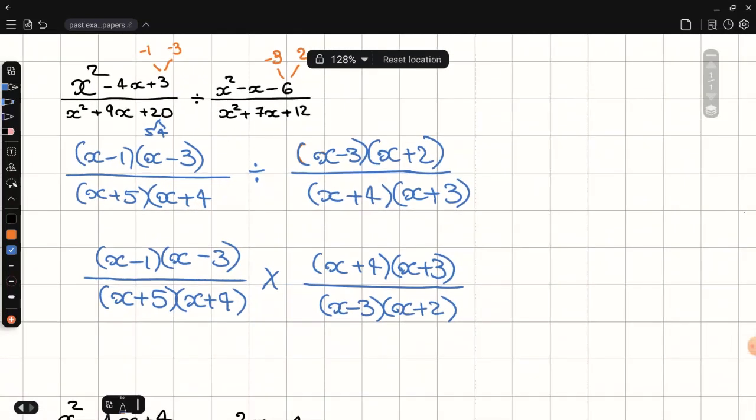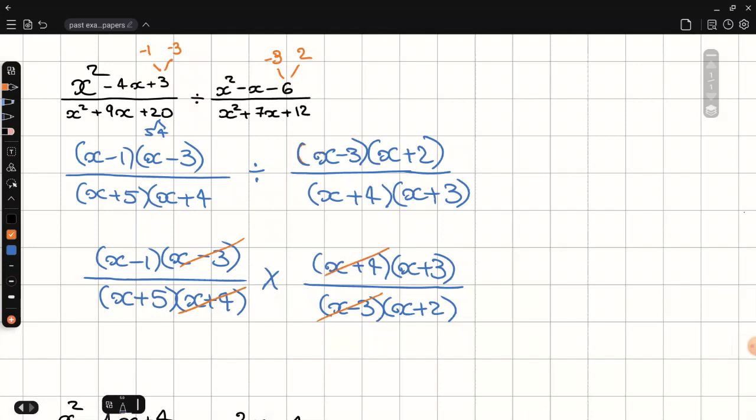Next, we need to identify if there is any common factor between these fractions, and then we can also do the cross cancelling. We can see here x minus 3 and x minus 3 can cancel out, and we also have x plus 4 and x plus 4.